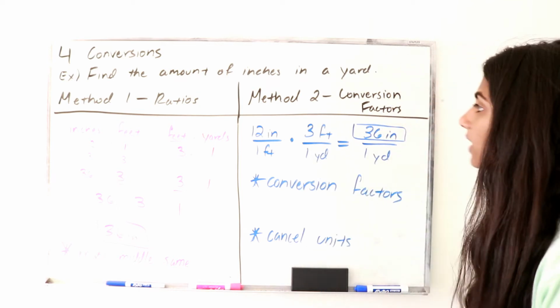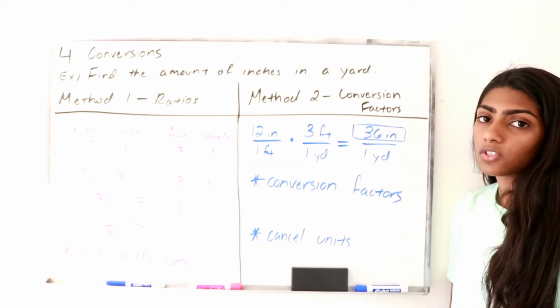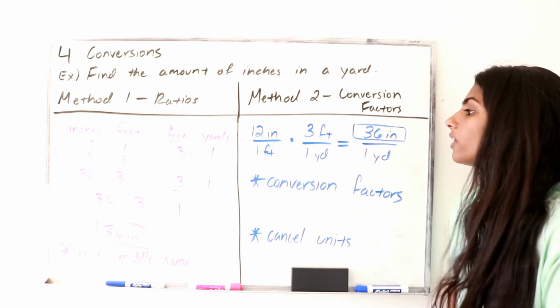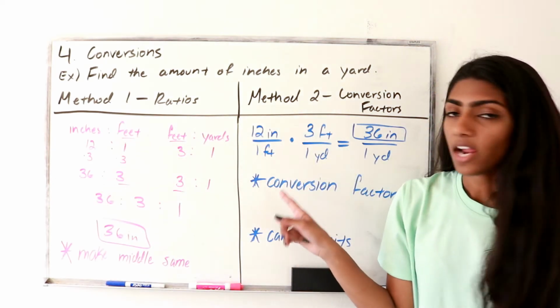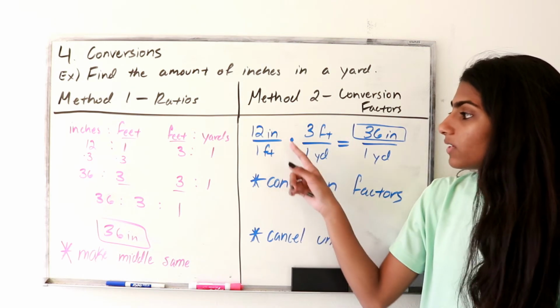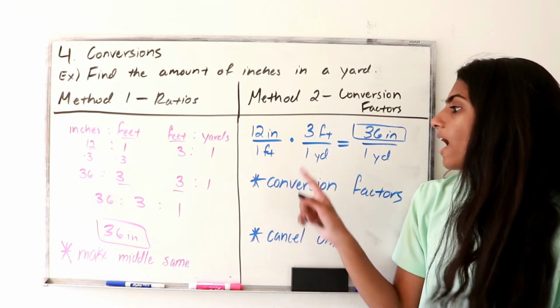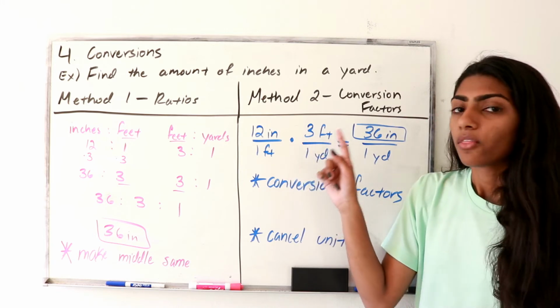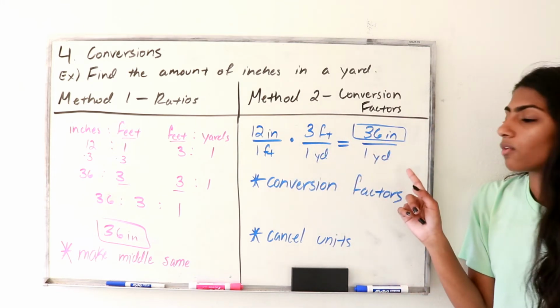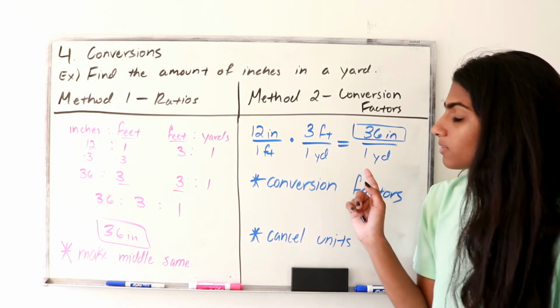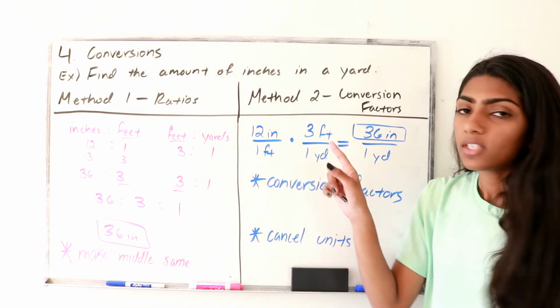Now let's look at method 2. This method uses something called conversion factors. If you look right here, we are putting this ratio in fraction form. So we have 12 inches over 1 foot, and we're going to multiply that by 3 feet over 1 yard, which equals 36 inches over 1 yard. This makes sense because when you multiply these things, the units cancel out.